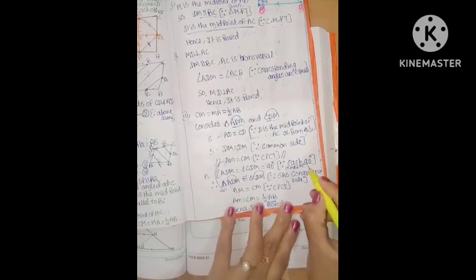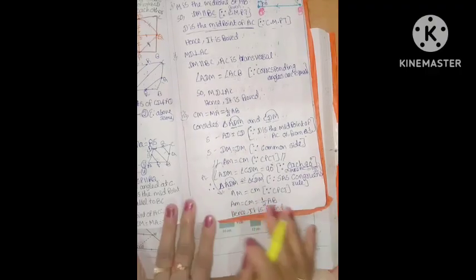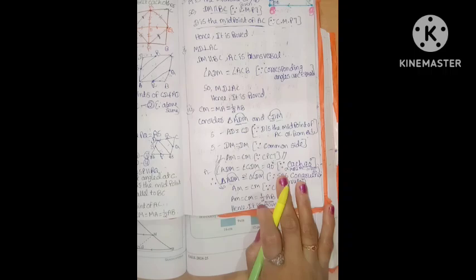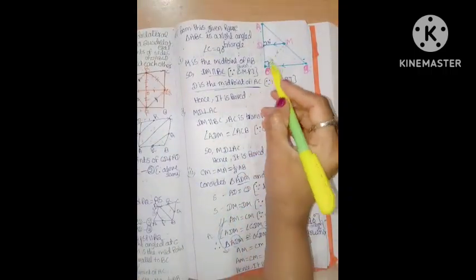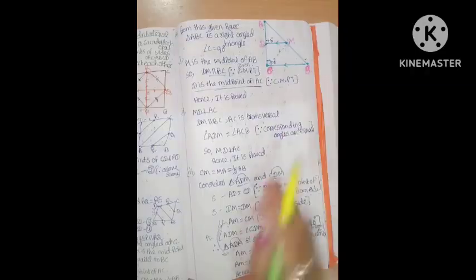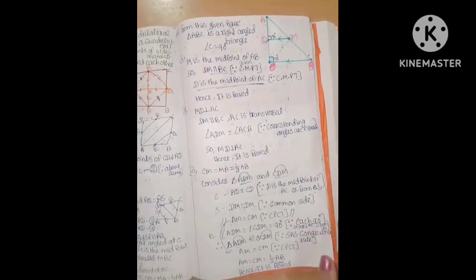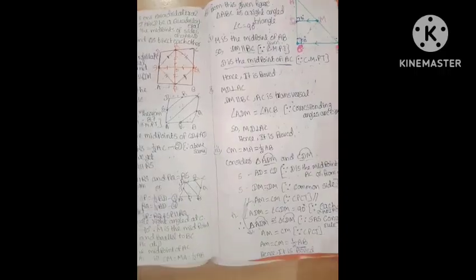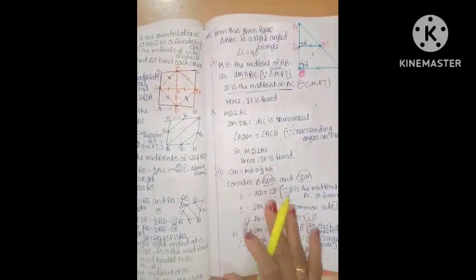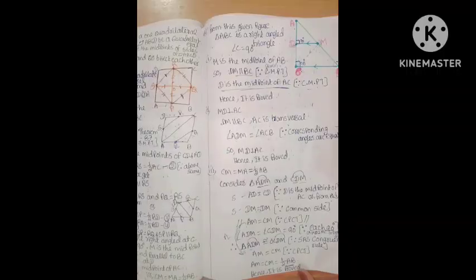From question number 2, these two angles are equal. Each angle is 90 degrees, so these two angles are 90 degrees. Hence proved. Are you understood? Yes. This is a very simple solution. This problem solution is over.